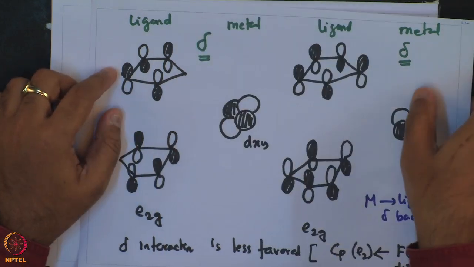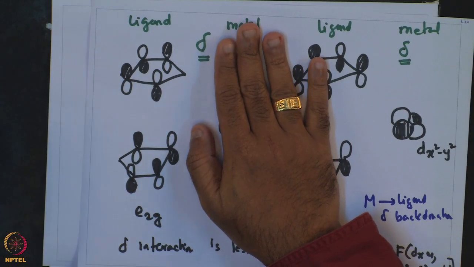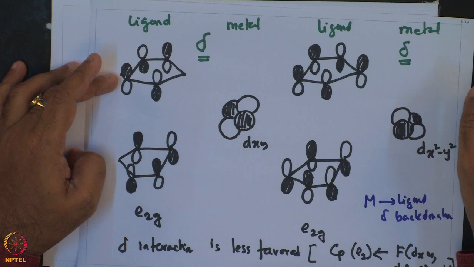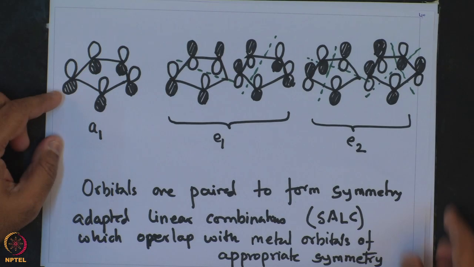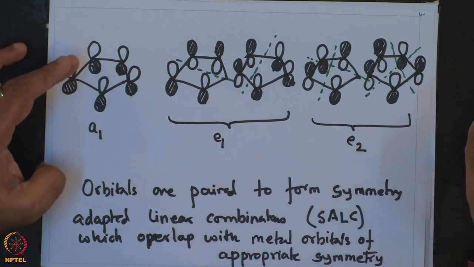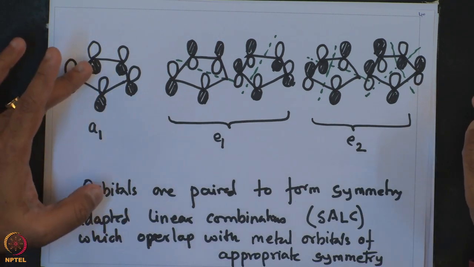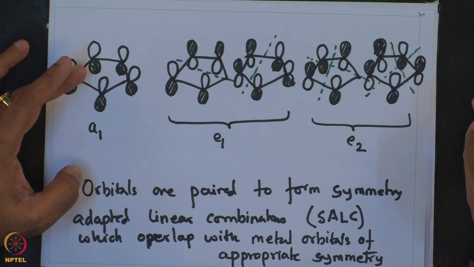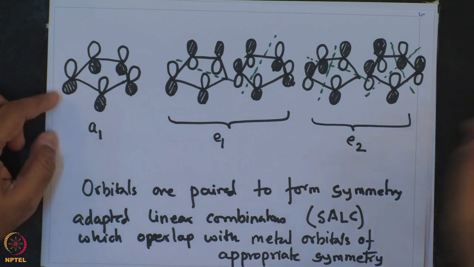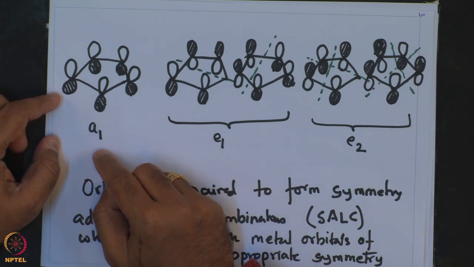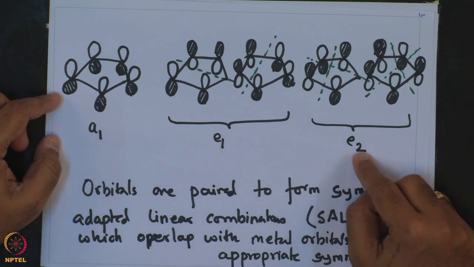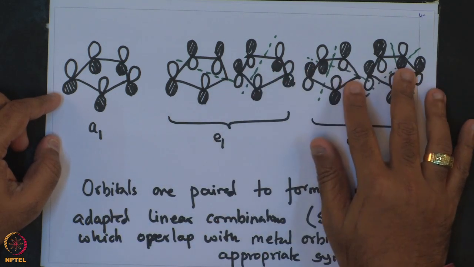The reason the staggered form is chosen is because between eclipsed and staggered form, for ferrocene the staggered form was found to be more stable. Having considered the staggered form where 2 Cp's are mutually facing each other in opposite direction, so as to get a staggered conformation, we were looking into the various metal orbitals that would get involved or interact individually with A1, E1 and E2 type ligand orbitals.